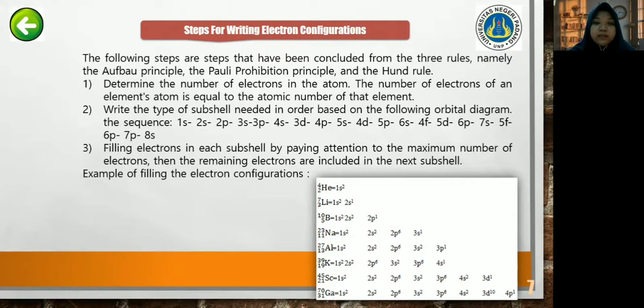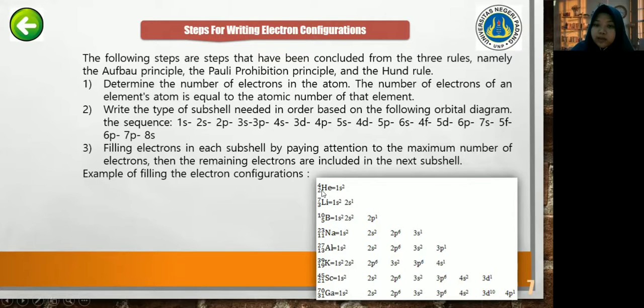And the last step for writing electron configuration, we fill electrons in each subshell by paying attention to the maximum number of electrons. Then the remaining electrons are included in the next subshell. As an example of filling the electron configuration, we can see the picture.